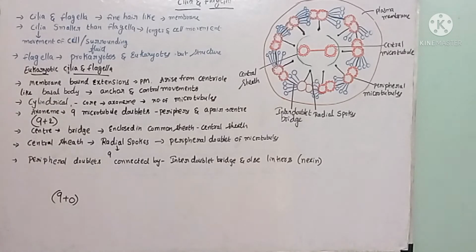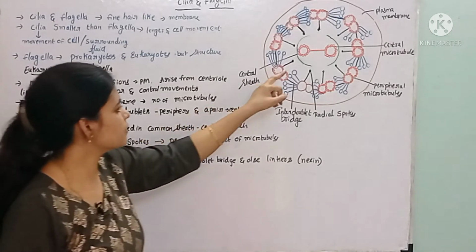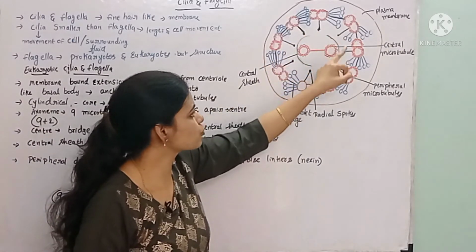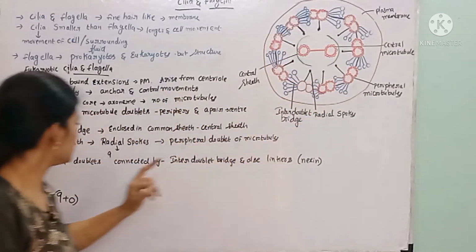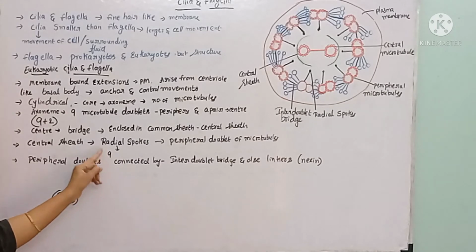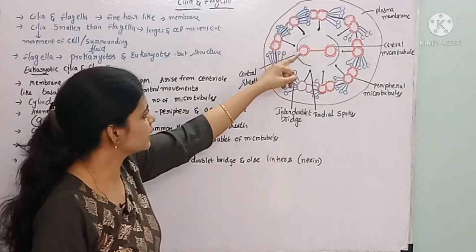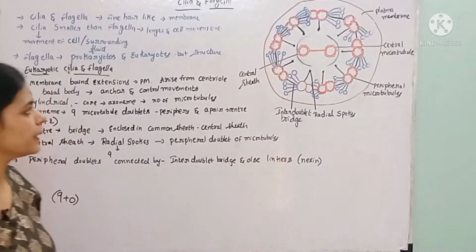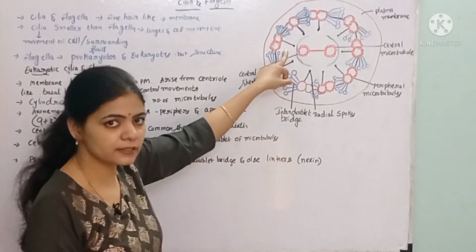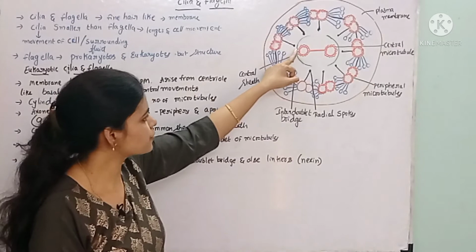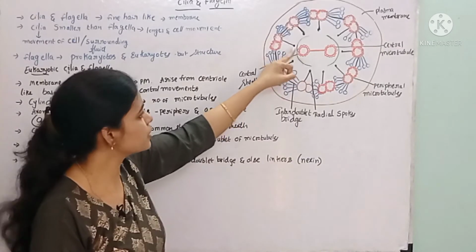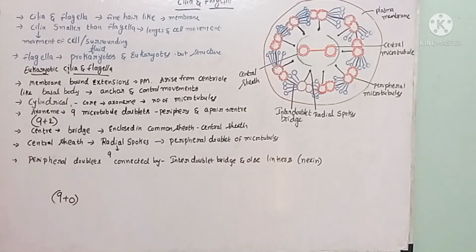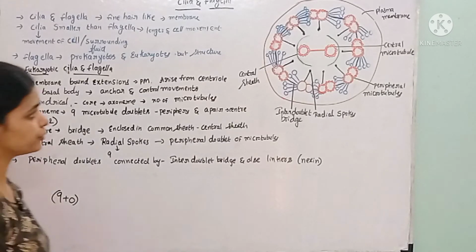And here, from this central sheath, 9 radial spokes arise. By means of these 9 radial spokes, the central sheath is connected to the peripheral doublets. Only by means of these spokes are the central microtubules connected to the peripheral microtubules.